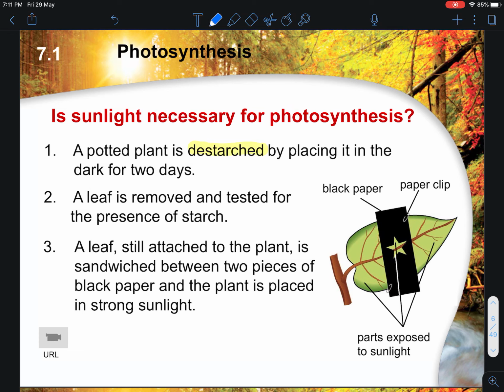Along this chapter, you also realize what other items are needed. Some of them are water and carbon dioxide gas. These are the main things required for photosynthesis.